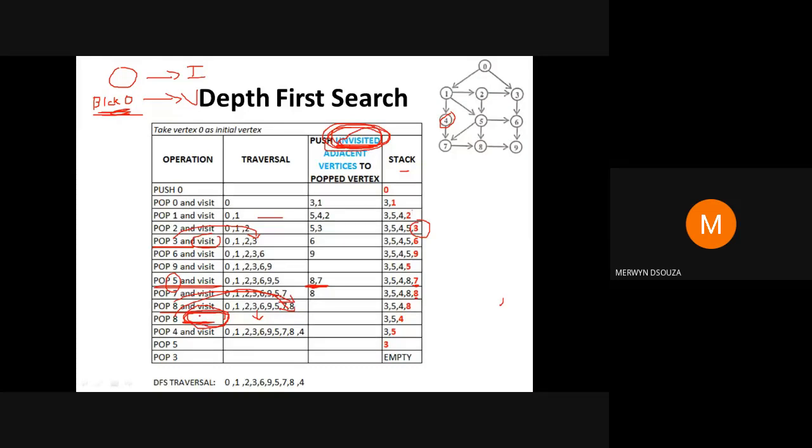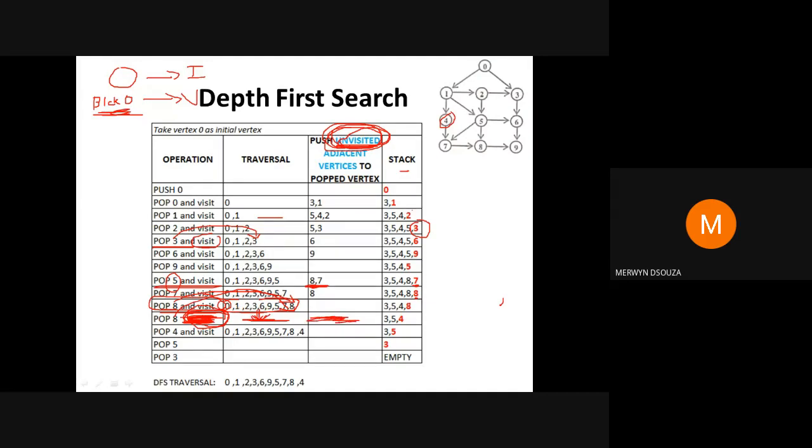You visit a vertex only once. Since you have already visited 8 in the previous step, you do not write it again. Since you are not visiting any elements, this answer will remain the same.